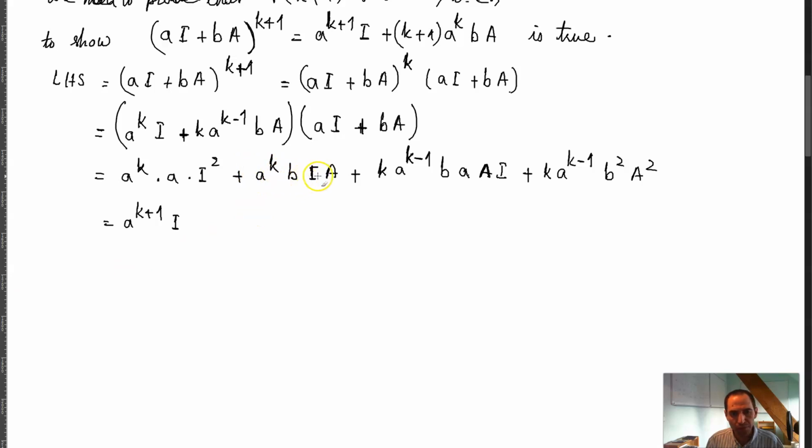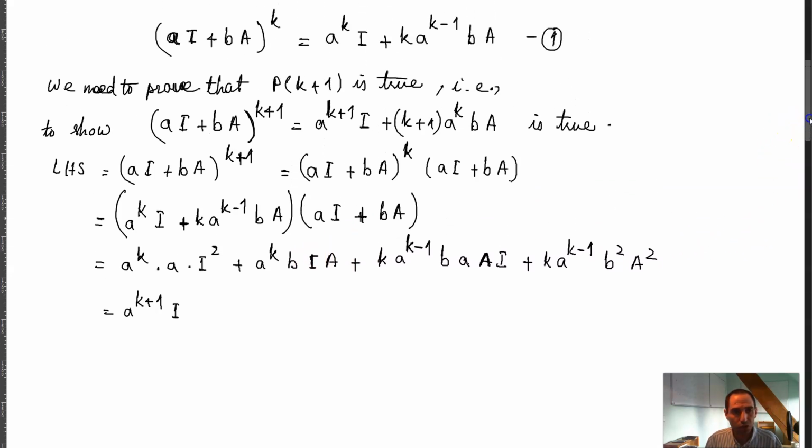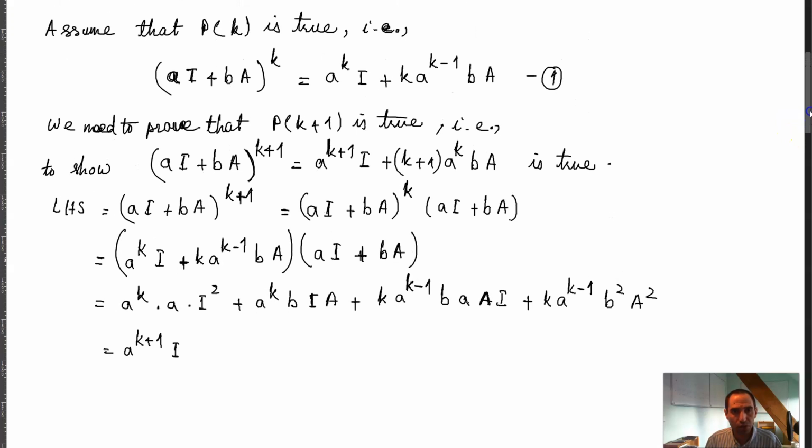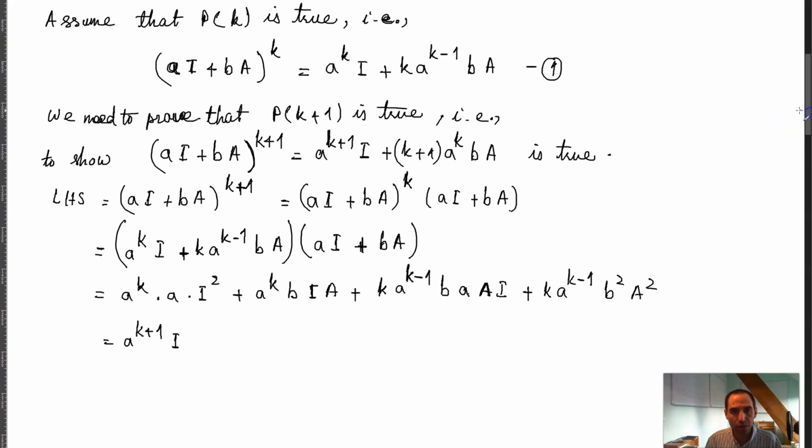And then here you have, of course, I times A is again the same thing as A, right? But then you need to make sure that you're writing your expression based on what you have here.